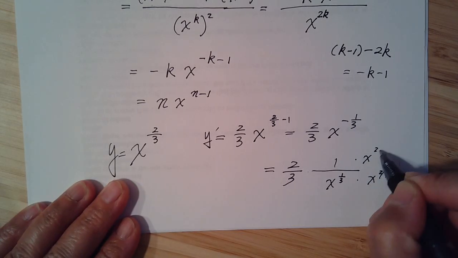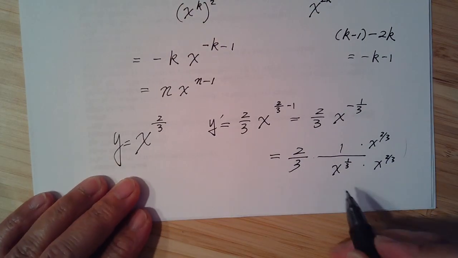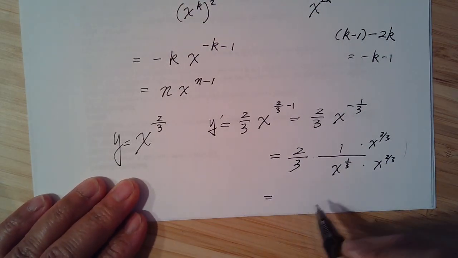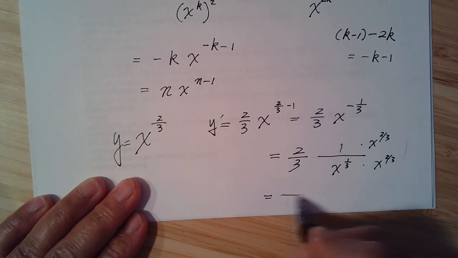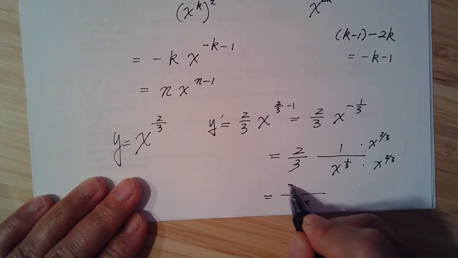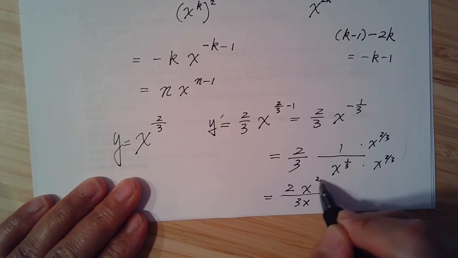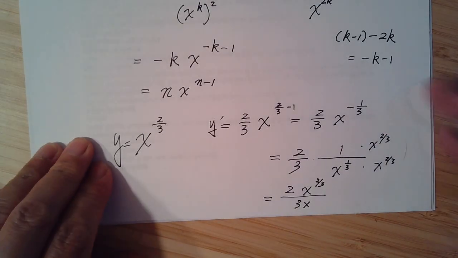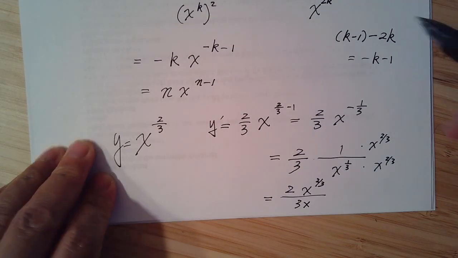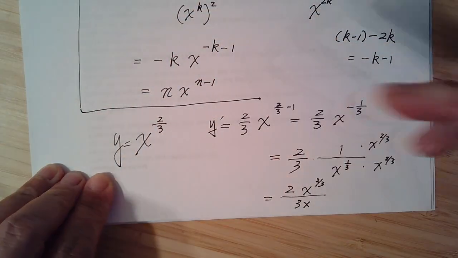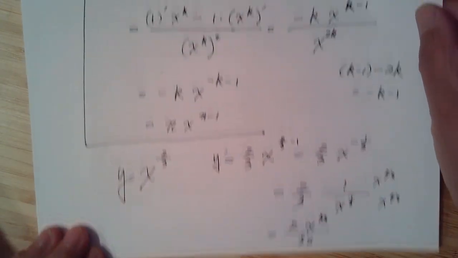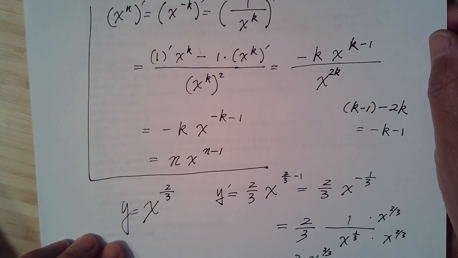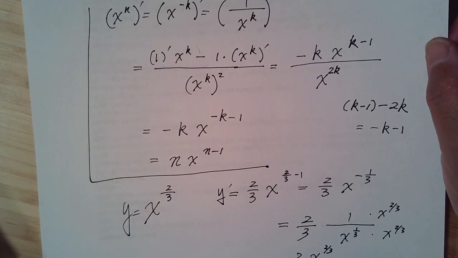Because you don't want the denominator to have a fraction power, you're going to get the denominator as x, so it's 3x, and the top is 2x to the 2/3. So that would be your answer. Okay, so this is one application of the power rule. Using the quotient rule, we can figure out that it works for the negative power.